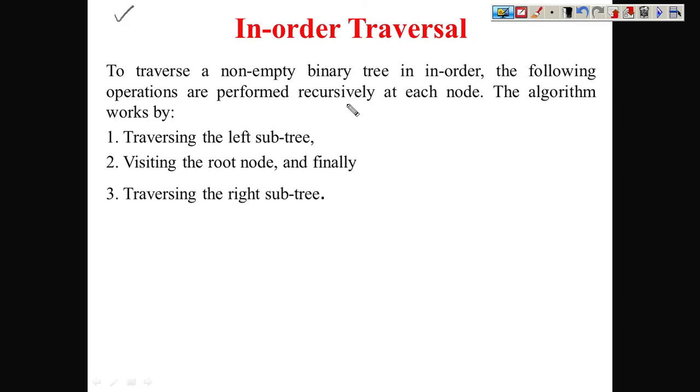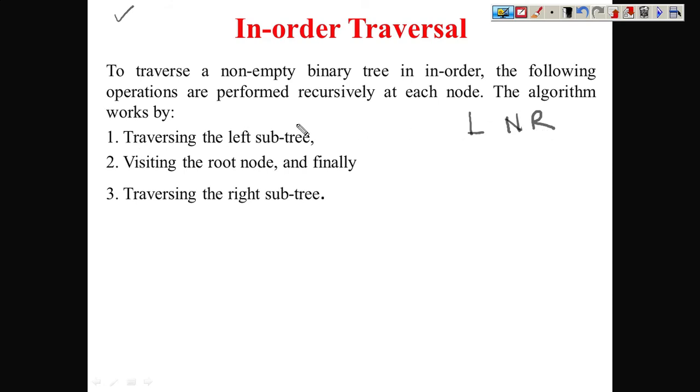The next type of traversal method is called in-order traversal. As we have already discussed, in-order means in between. So just keep in mind that now we have to do this: left, node, right. We have to keep on moving toward the left subtree, and then at the last we have to print the root node, and then keep on moving to the right subtree.